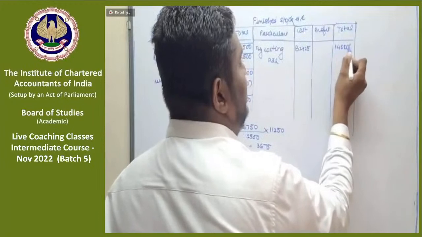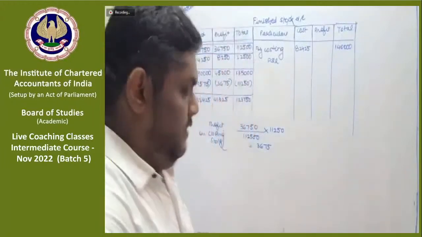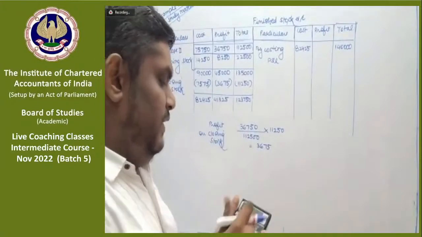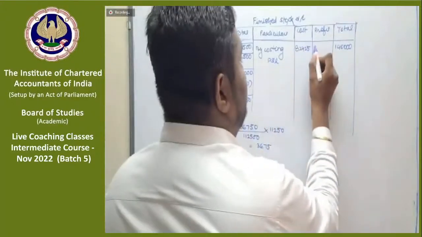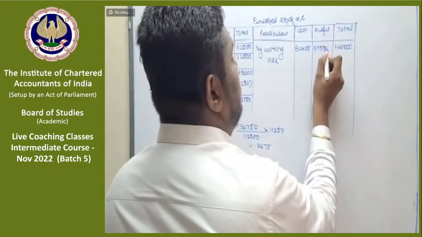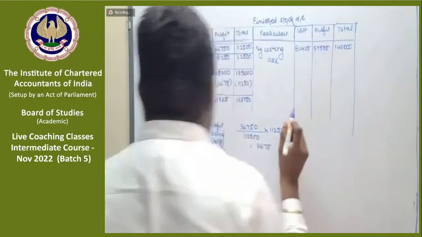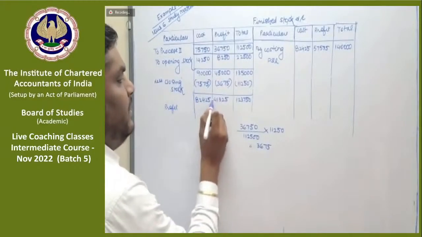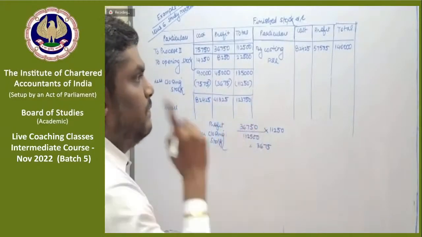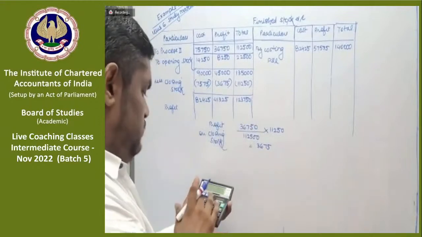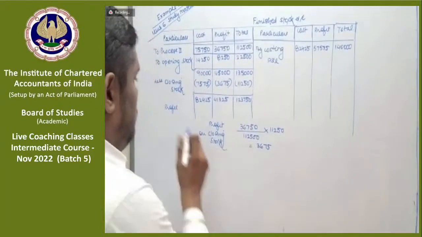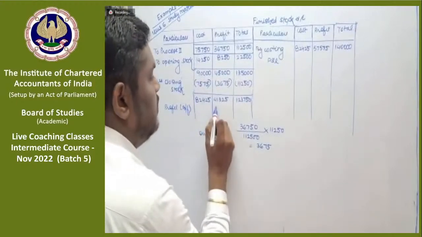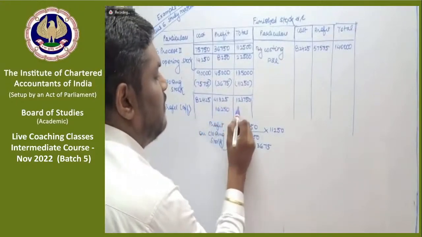So you'll get the total profit, that is 1,40,000 minus 82,425, that is 57,575 is the total profit. So the balance amount that is to be transferred on the debit side will be 16,250.